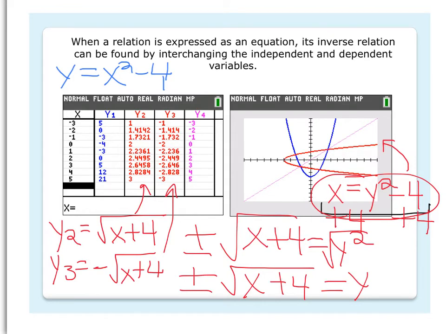If you put those two equations together, they make up the red sideways parabola that we have shown in the picture right here. All of these x values paired with these y values would give you the top part of the parabola, and all of these x values paired with these y values right here in column y3 would give you the bottom half of this parabola.